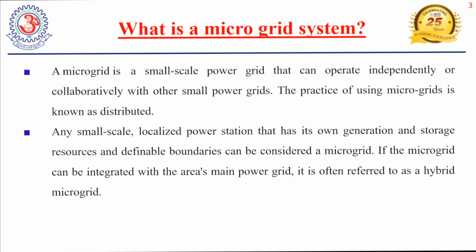That means a localized power station where all the things are present together. Such a system, where generation and storage are all present in the same place, the same localization, is known as a microgrid system. So I hope you understood what a microgrid is. Next we will go further.